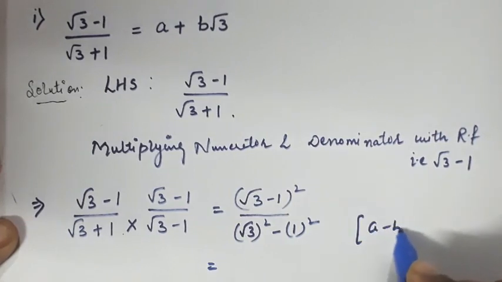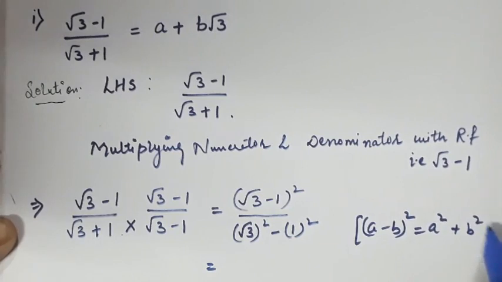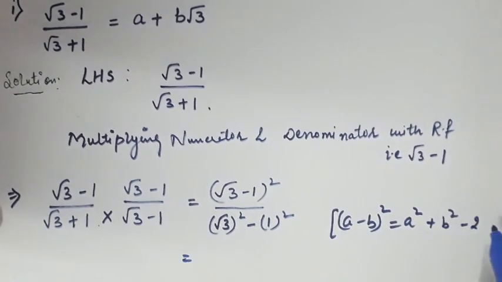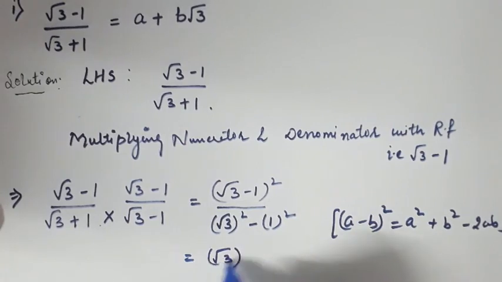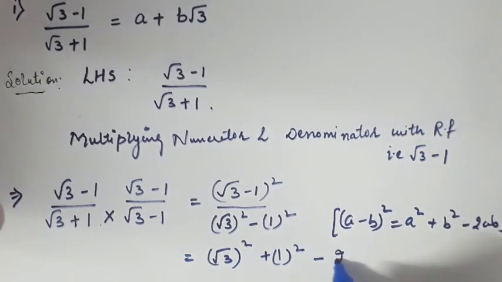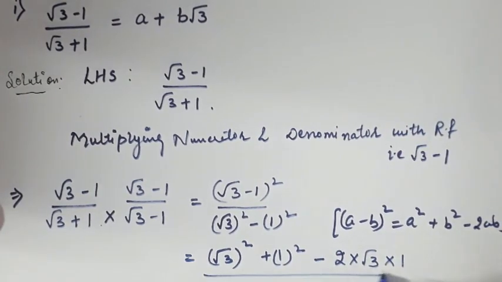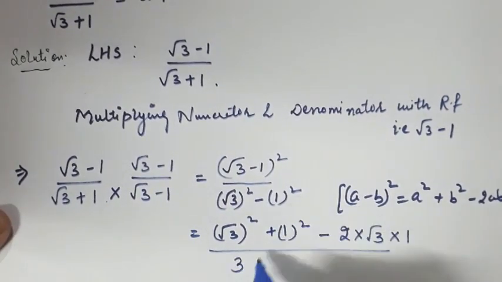By expanding the numerator, we can use the formula a minus b whole square, that is a square plus b square minus 2ab. So here I get root 3 whole square plus 1 square minus 2 into root 3 into 1, upon root 3 whole square minus 1 square.